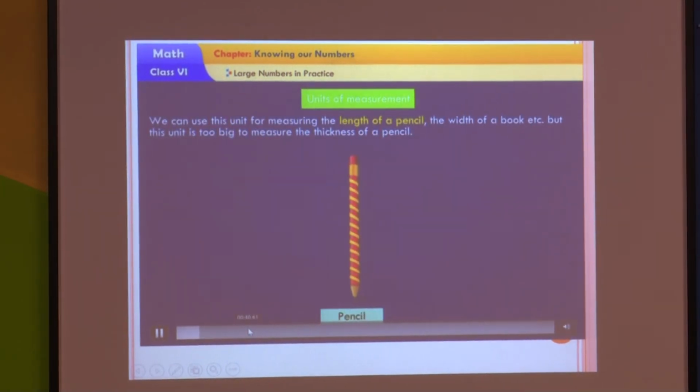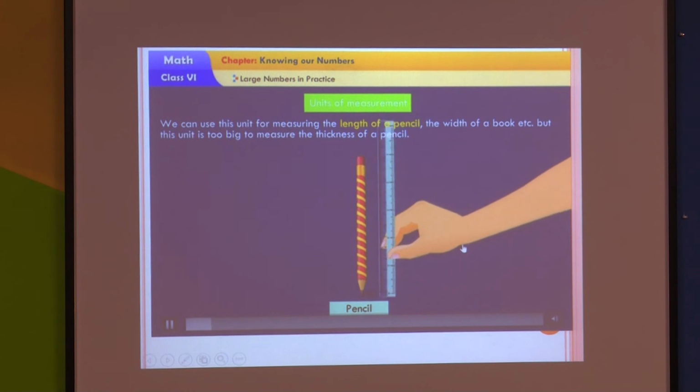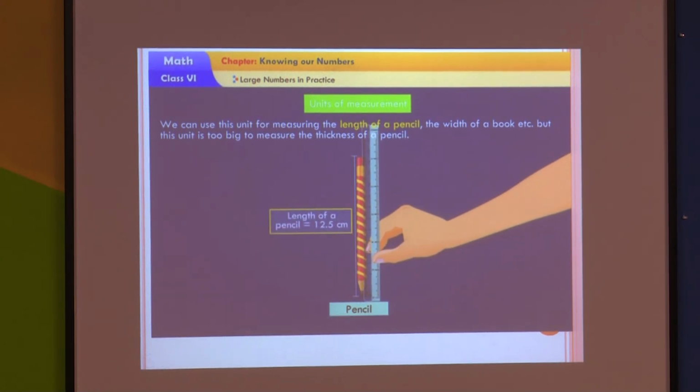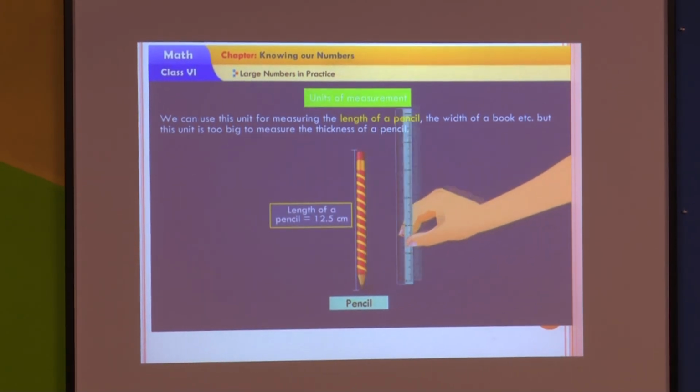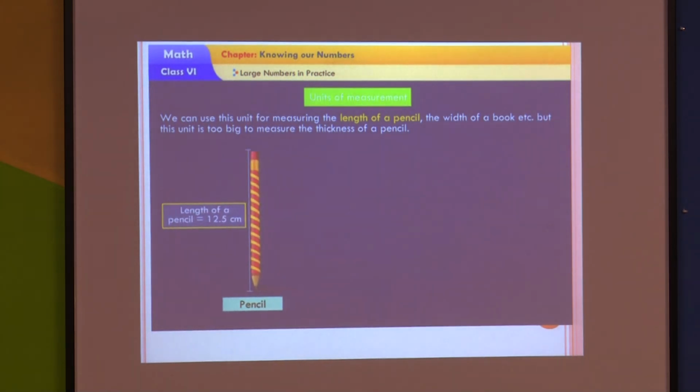We can use this unit for measuring the length of a pencil, the width of a book, etc. But this unit is too big to measure the thickness of a pencil.